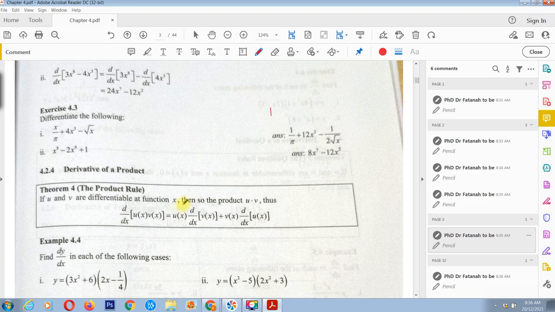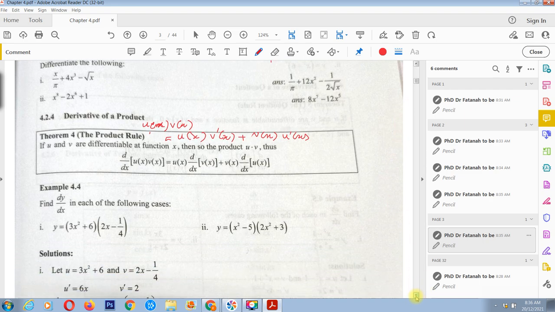So it's like this: if you have u(x) and v(x), you get u(x) v prime(x) plus you copy the v(x) and then multiply with the differentiated u prime(x). Okay, there is u(x), and then you get v(x) equals to this, right?